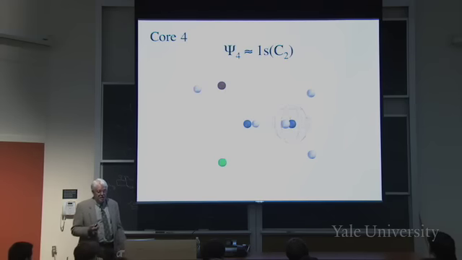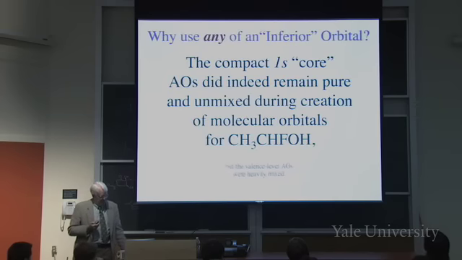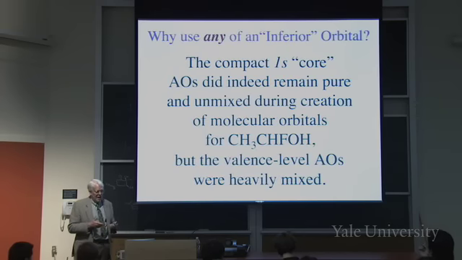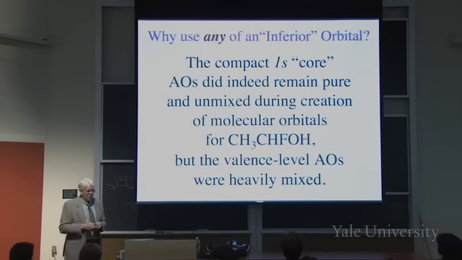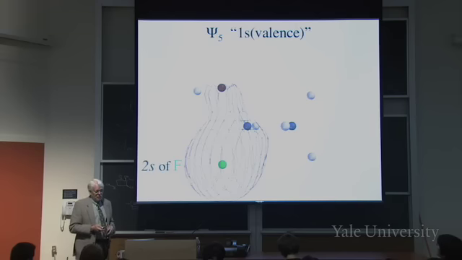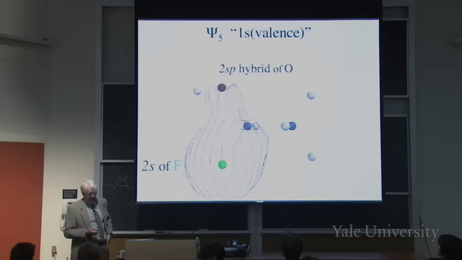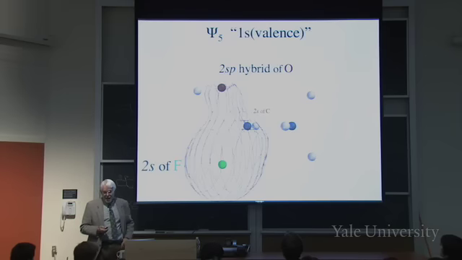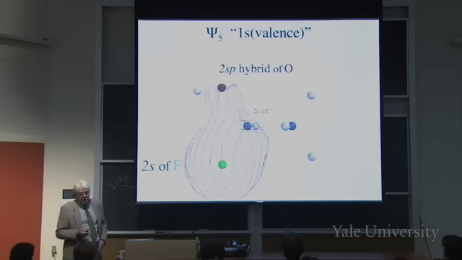They didn't mix, right? The compact 1s core orbitals did remain pure and unmixed, but the valence level atomic orbitals were heavily mixed. For example, the next one was biggest on fluorine, but also substantial on oxygen, and carbon even got into the act a little bit, right?